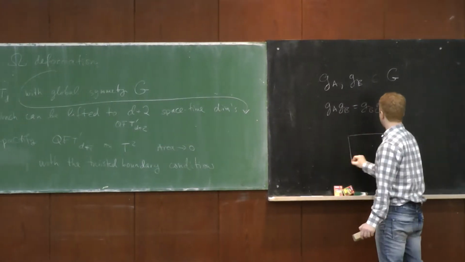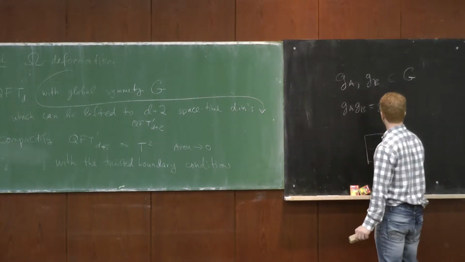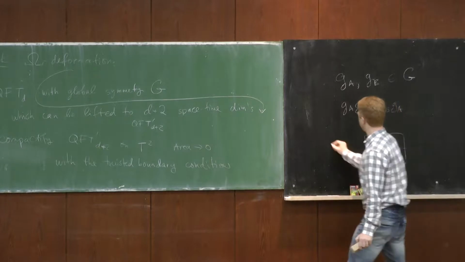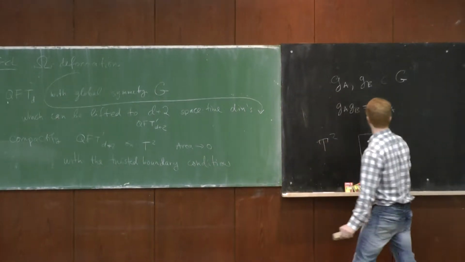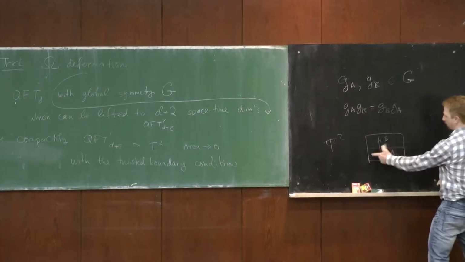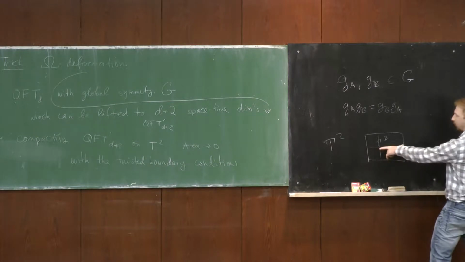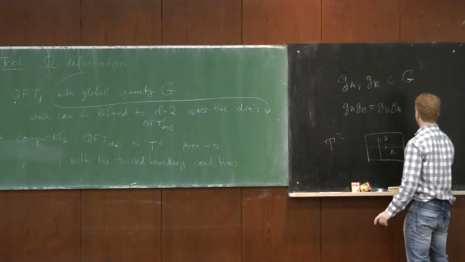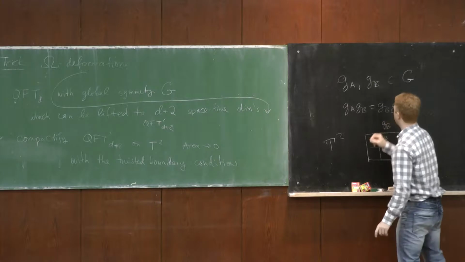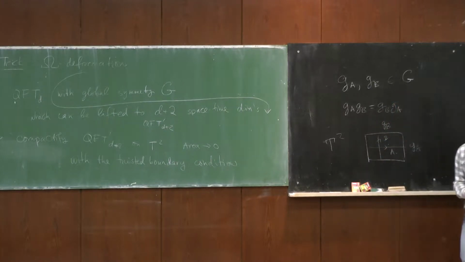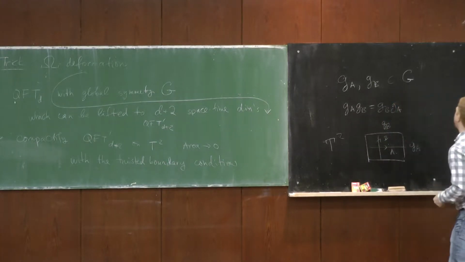And now I impose the boundary conditions that as I go, so this is my 2 torus, as I wind around the A cycle or B cycle, my fields are twisted by this global symmetry element G.